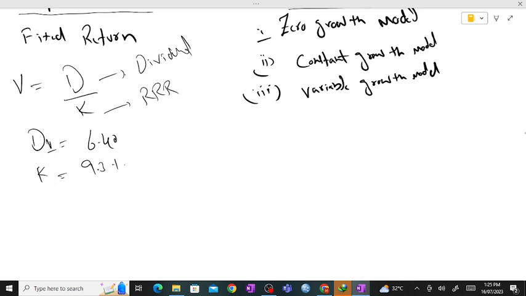First find part A. We have 6.40 and 9.3%. Then for year 1, V1 is 68.81.